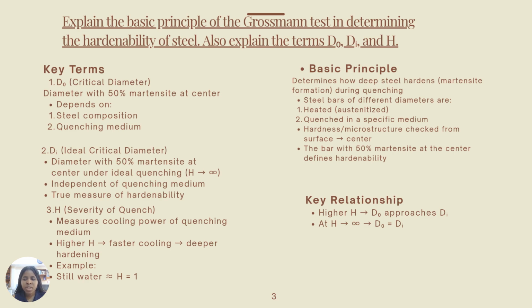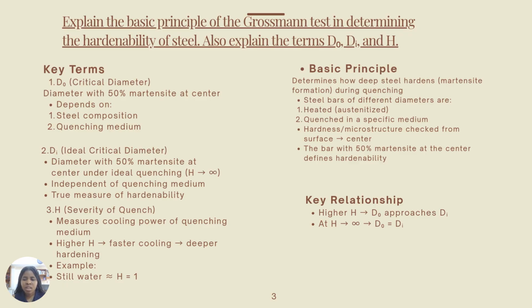Because the cooling is faster at the surface and slower at the center, the structure will gradually change from martensite near the surface to pearlite or bainite towards the center. We then identify the bar where the center contains 50% martensite. This condition is important because it represents the limit of effective hardening.